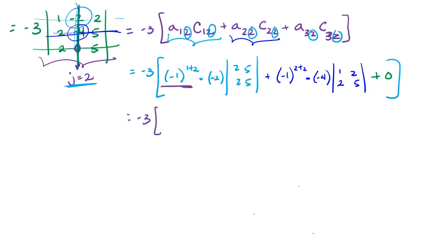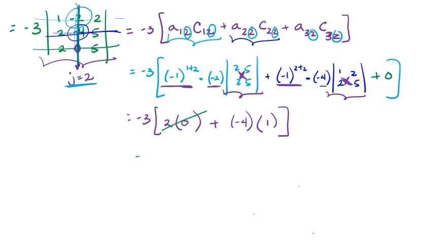This is a -1, so a -1 times 2 is 2, times the determinant of this, which is 10 minus 10, which is 0. This is a 1 times a -4. So -4 times the determinant of this, which is 5 minus 4, which is 1.